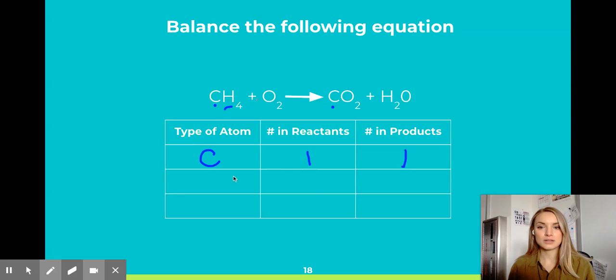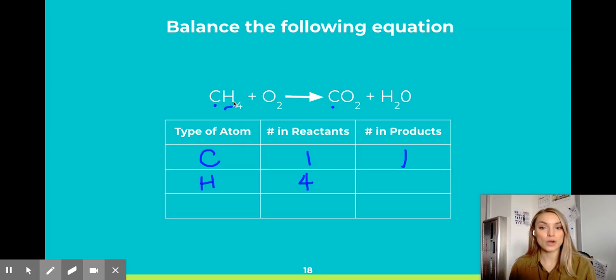Hydrogen, I have 4 hydrogen in my reactants. Remember, whenever we see the subscript, we know that that means there are that number of that atom. It doesn't mean that there's 4 carbons.